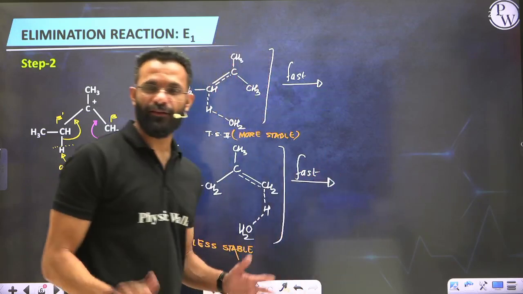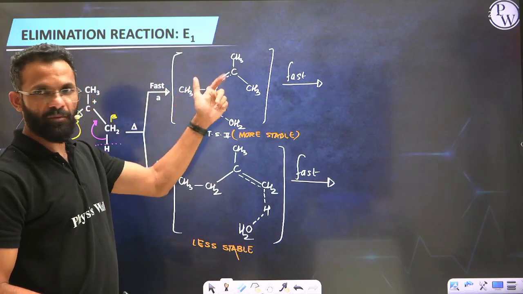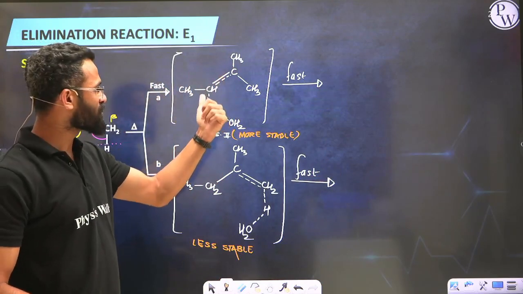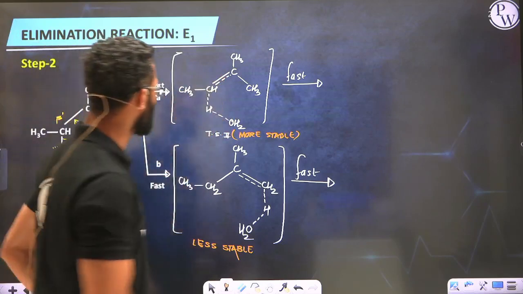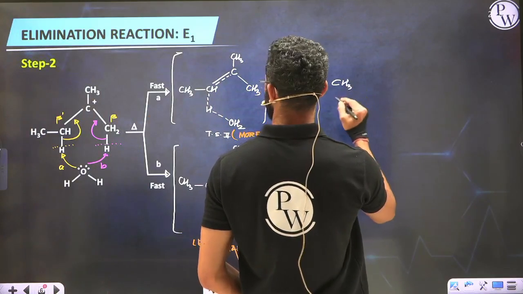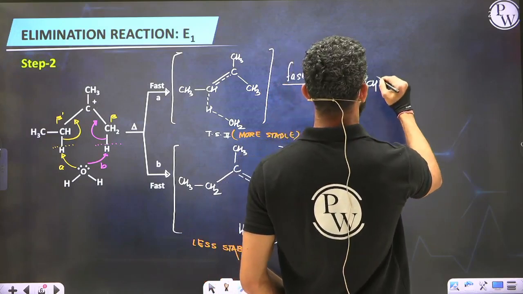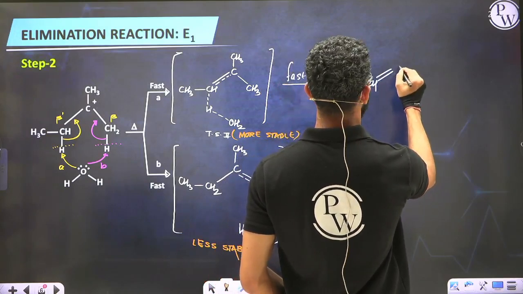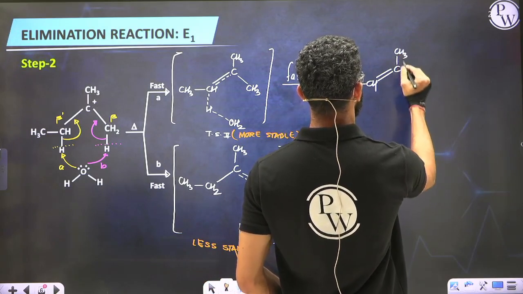So everyone, how are we going to write down the product? Wherever you see the partial bond in the process of formation, make it permanent. And whichever partial bond was in the process of breaking, just remove it. So the product obtained here would be CH3, CH, double bond, CH3 and CH3.